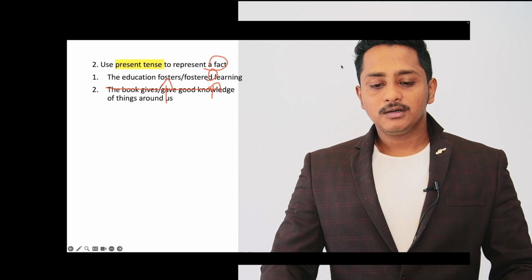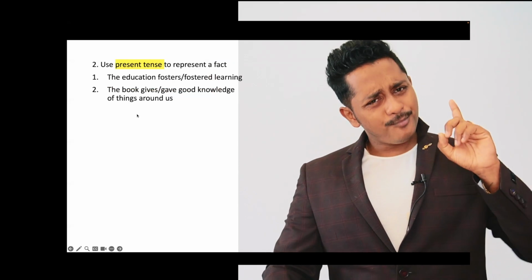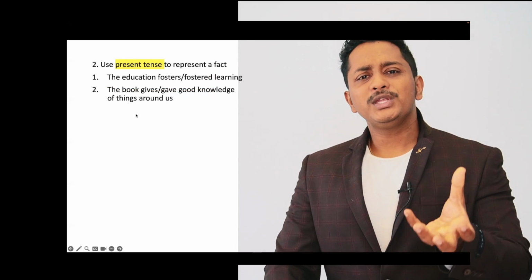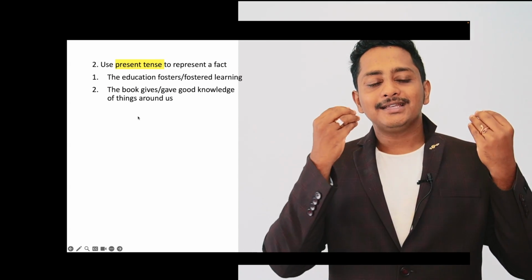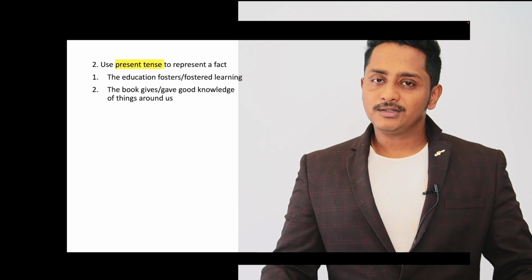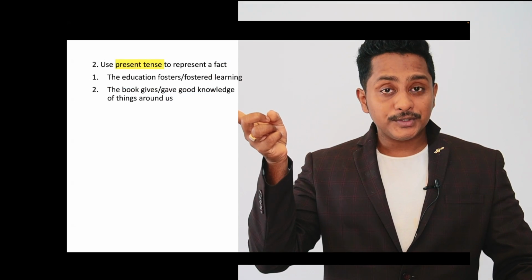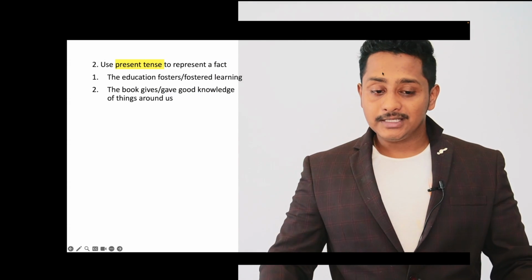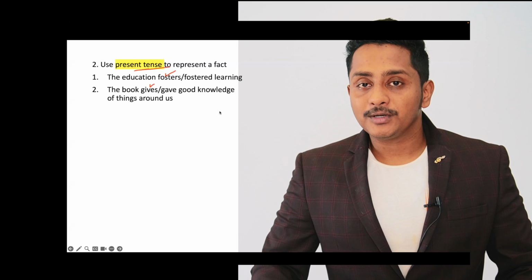The book gives or gave good knowledge of things around us. Gave is possible when you know which event you're talking about and you're talking in the past. When you don't have clarity, then assume it is always a fact. The book will always give good knowledge of things around us. Yesterday it gave, today it gives, tomorrow also it will give. So in those cases, you have to use the present tense to represent a fact.